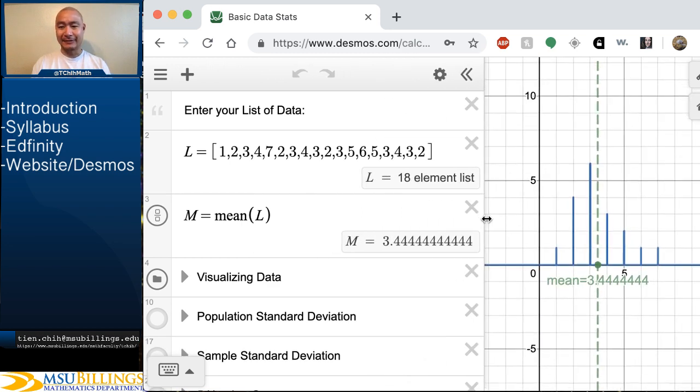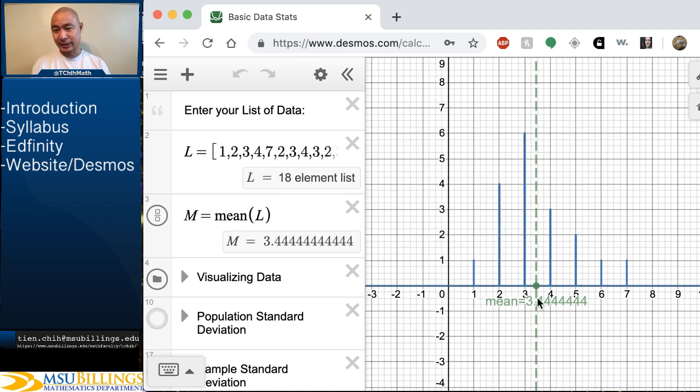It's calculated by taking all these data points, summing them, and dividing by, in this case, 18 data points. Here we have that computed automatically. We get a mean of 3.4444, etc. repeating, and we can see it plotted here, and it does seem like it's right in the center of our data.